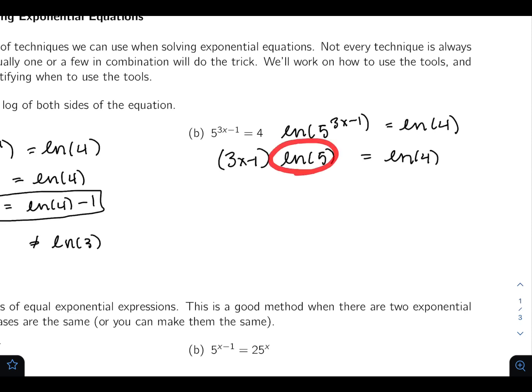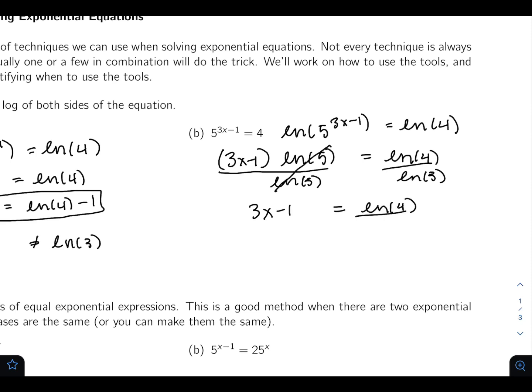The first thing that I'm going to do is undo this ln of 5 multiplication by dividing both sides by the natural log of 5. And I'll get that 3x minus 1 is equal to the natural log of 4 over the natural log of 5. Then I'll go ahead and add 1 to both sides of the equation and get that 3x is equal to the ln of 4 over the ln of 5 plus 1.